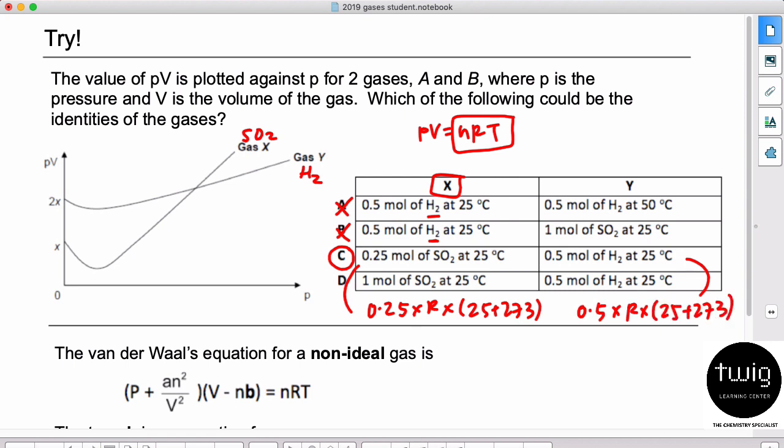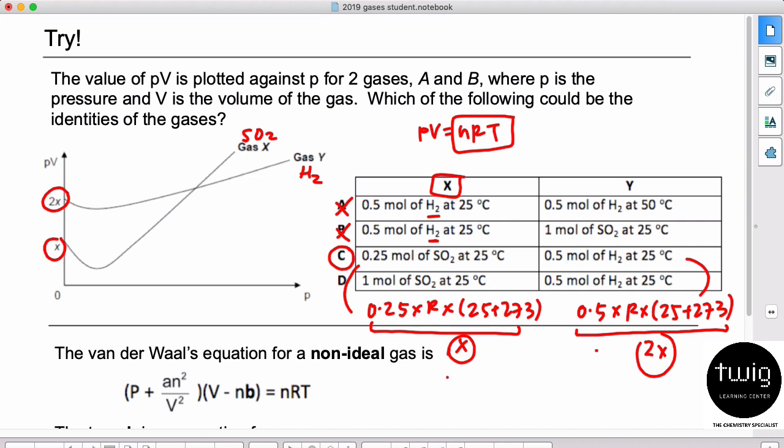If this value for gas X is X, then for gas Y it will be 2X, because 0.25 to 0.5 is double. So gas X is X and gas Y is double. Make sense? This value is double of this. That's all.